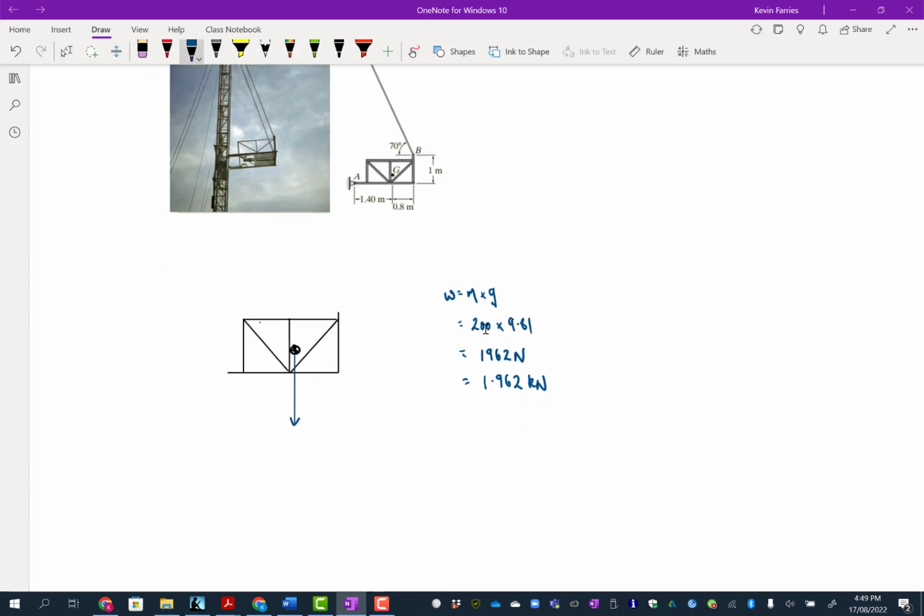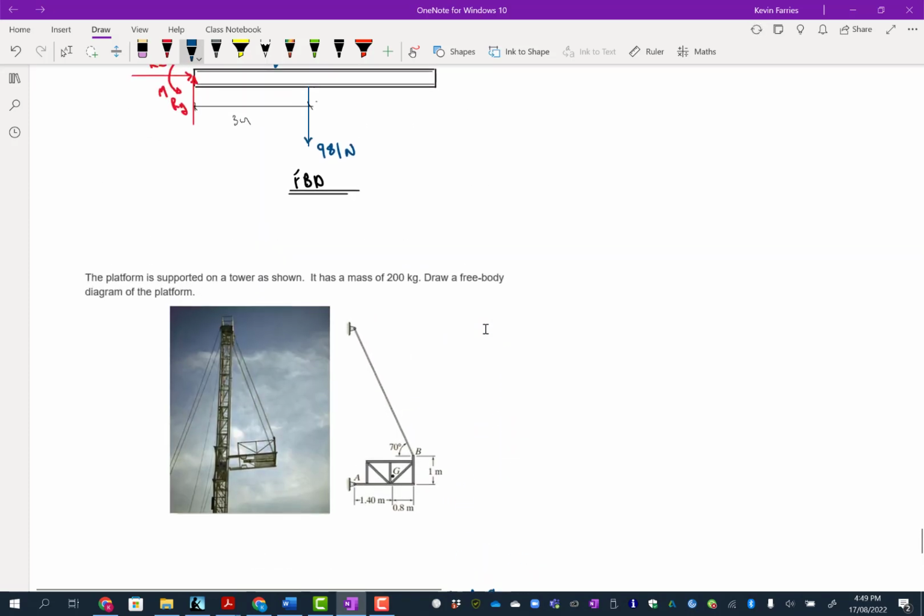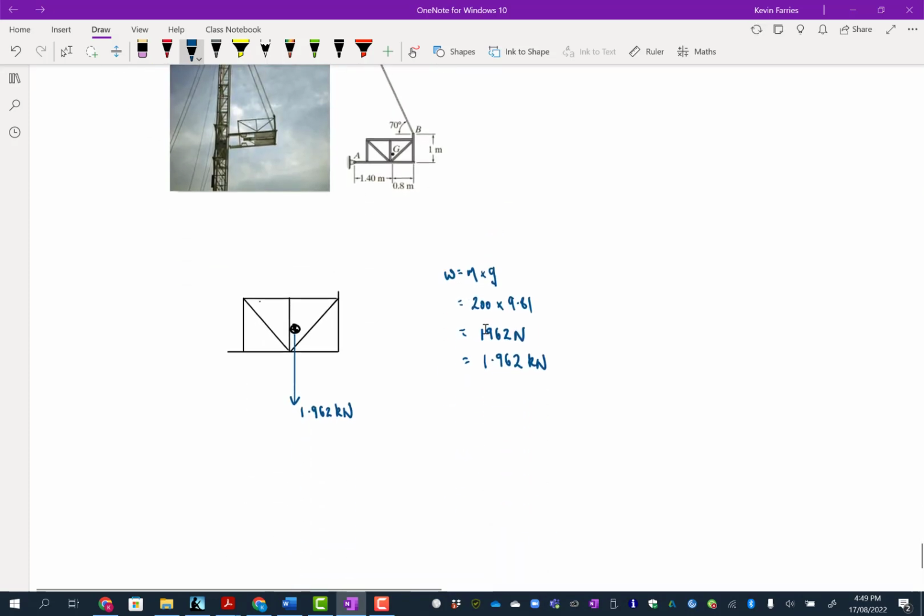That's okay. So now we can put that value on here, 1.962 kilonewtons. Did I do that before? I did. Just check and actually put the forces on. Okay, then we've got all our primary forces because the gravity is the only one.